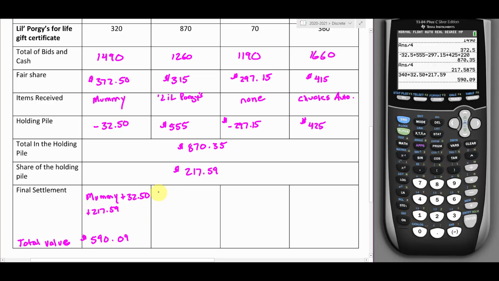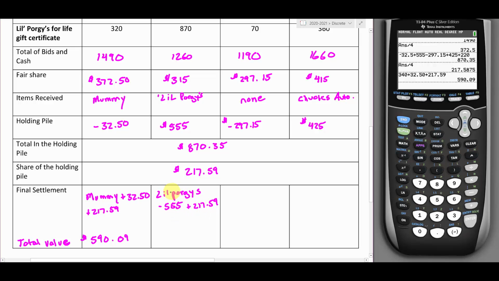All right, and we do the same thing for Stock here. He got little porgies, and then he paid $555, so we would subtract $555, and then he received the $217.59. All of them are going to receive that $217.59 in the end here, right? So I'm going to add these up.